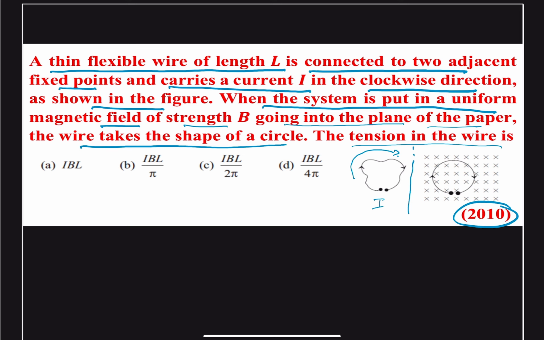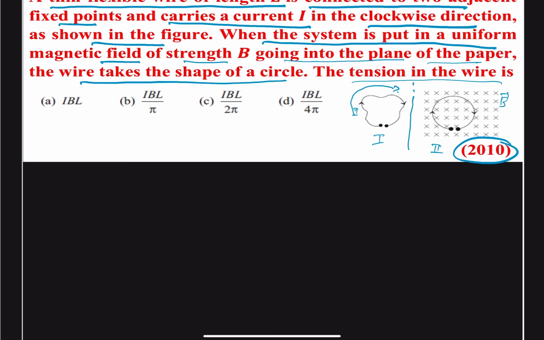Let us suppose that the current is I. And when this is put in the magnetic field going into the plane, the wire takes the shape of a circle, and we have to find out the tension in the wire. Because of the magnetic field, as we put the wire in the magnetic field, there will be a force acting on the wire which actually makes it take the form of a circle.